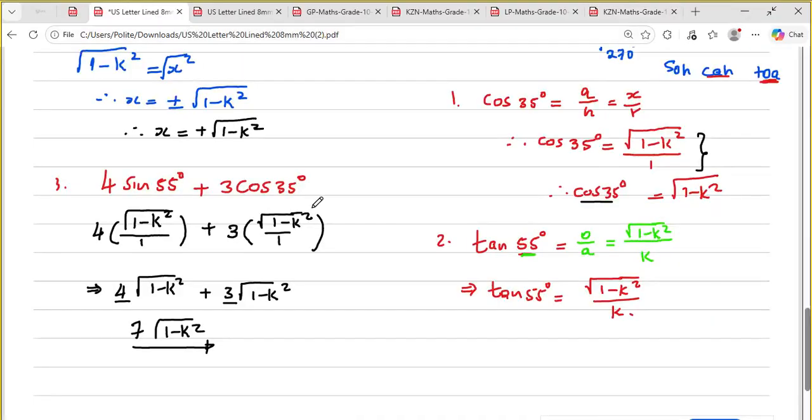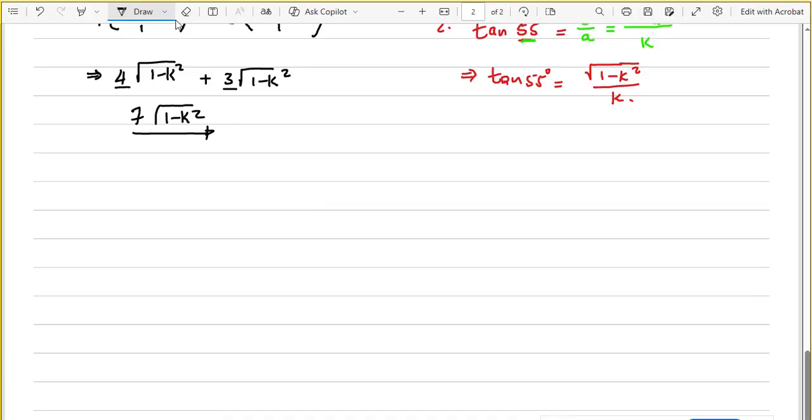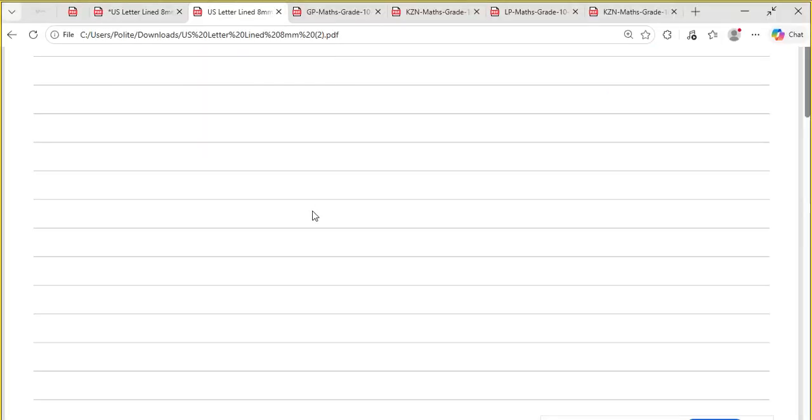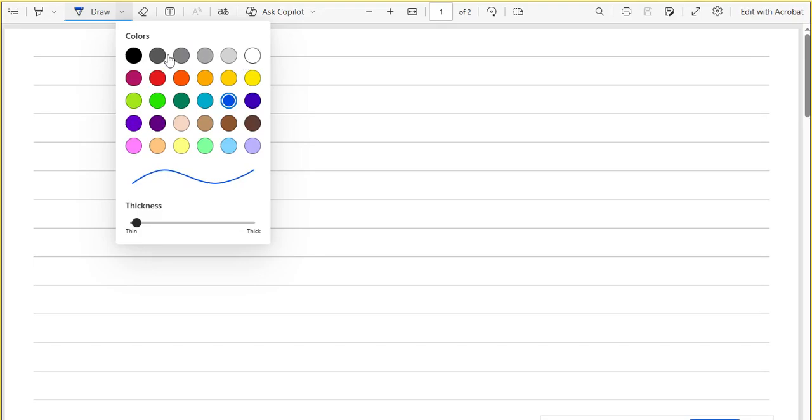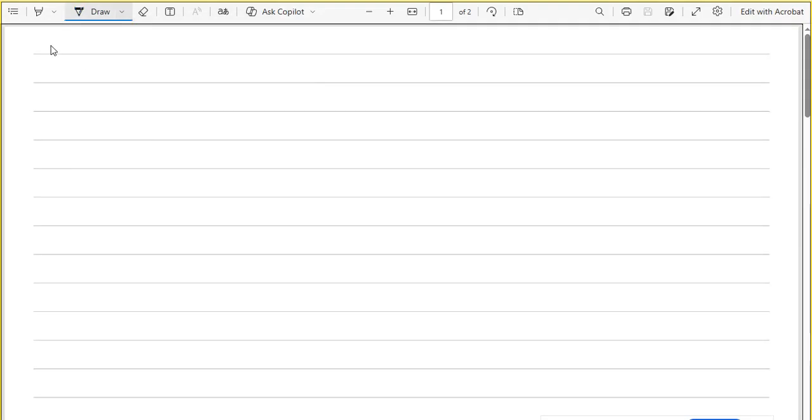Now, let's just do one last example, and then we can call it a day. Yes. One last example. On this one, let's say you are given cos x equals -5 over 8, and they give you a boundary.